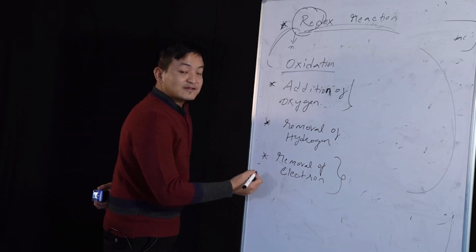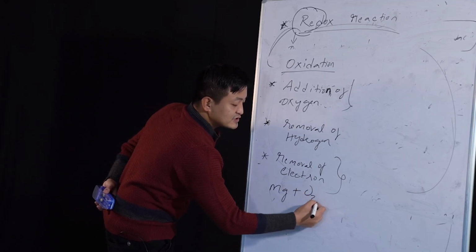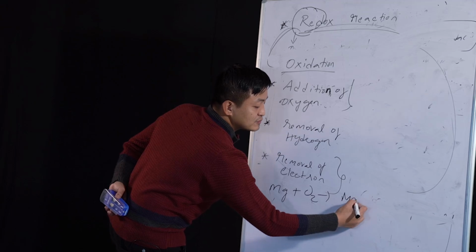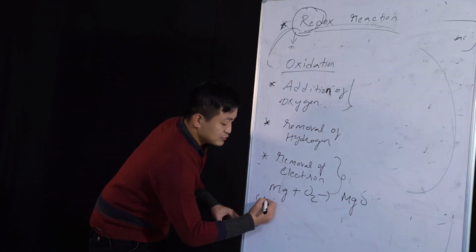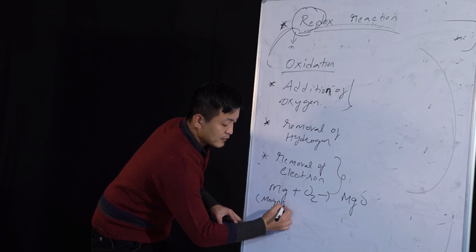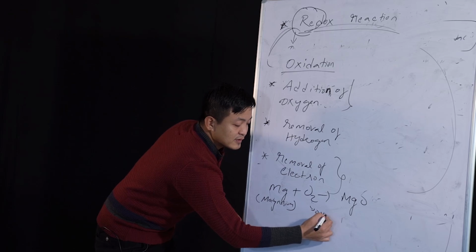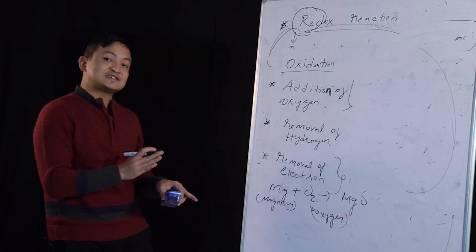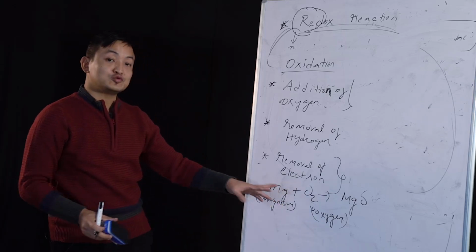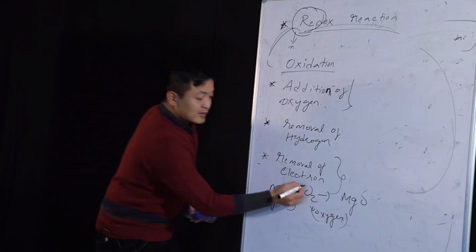So let me give you an example here. Magnesium plus oxygen, we get magnesium oxide, MgO. Magnesium, and this is oxygen. Why do we write O2 for the oxygen? I have already explained in the first class. Clear?